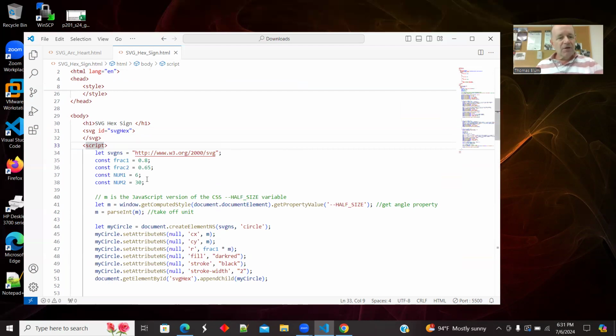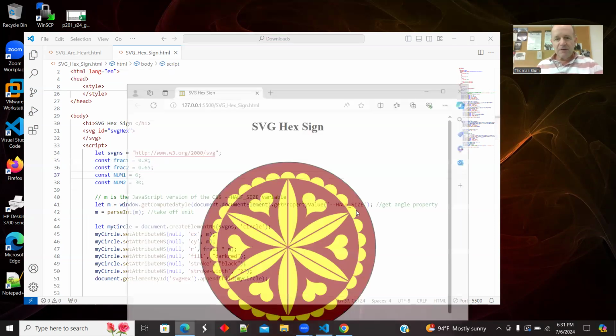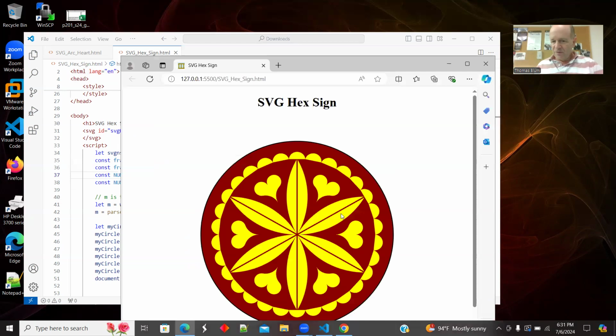Okay. So I have some variables defined here. The 6 is going to be sort of this center, the hearts and the sort of flower shape. There are 6.